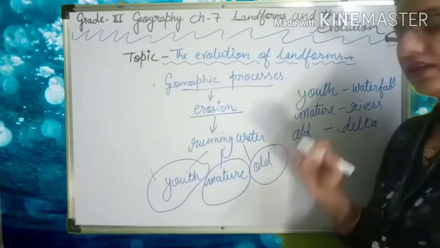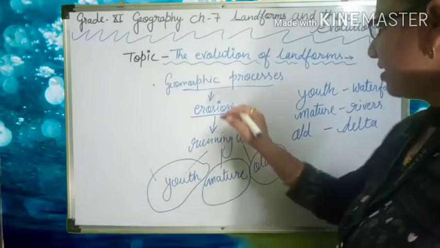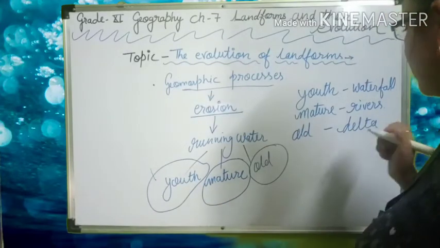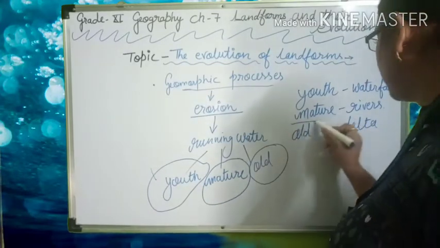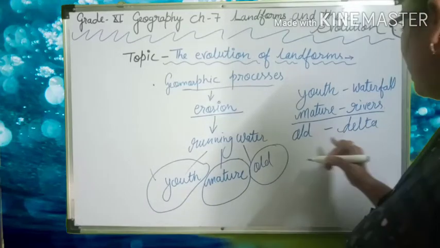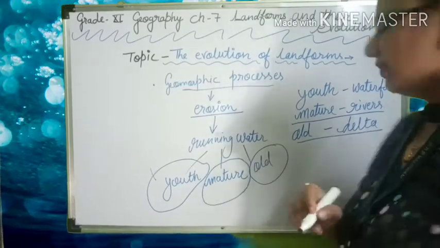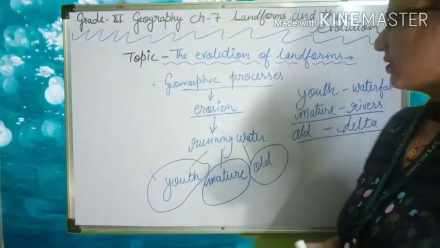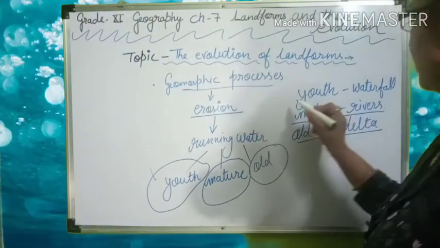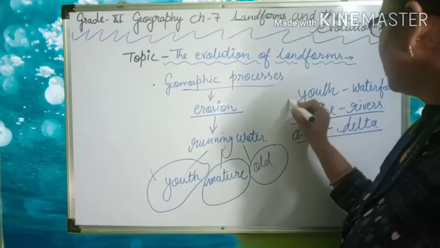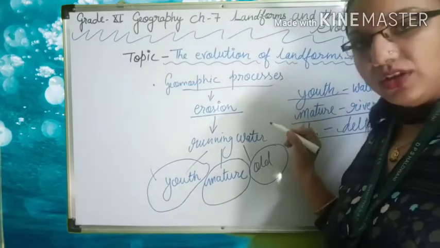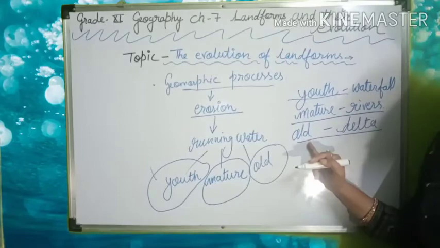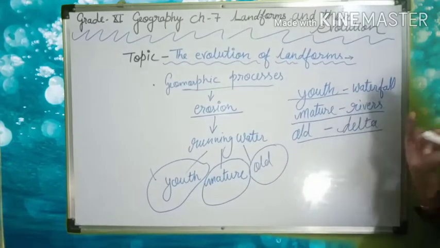So students, there are many landforms which are formed by running water, in the mature stage as well as in the old stage. So we will see these one by one in today's main important topic, that is the youth age of running water, the mature age of running water, as well as the old age of running water.